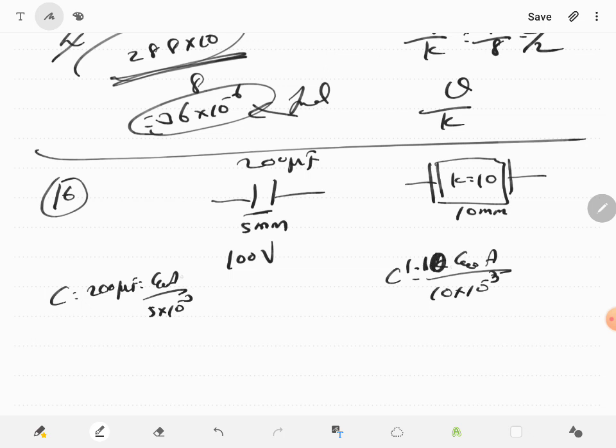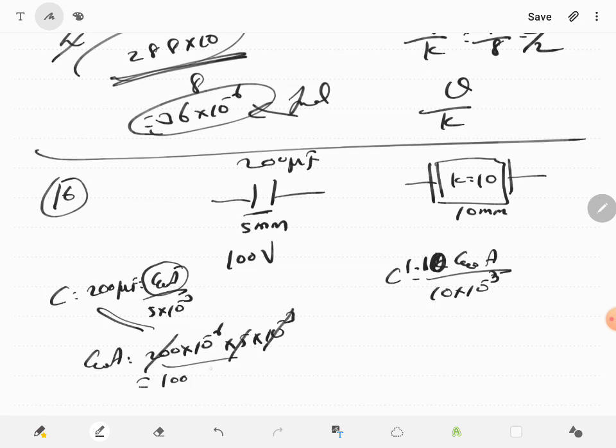You know from the previous equation what epsilon naught into A is, you can cross multiply this. Epsilon naught into A is 200 into 10 to the power minus 6 into 5 into 10 to the power minus 3, which will be 10 to the power minus 6.